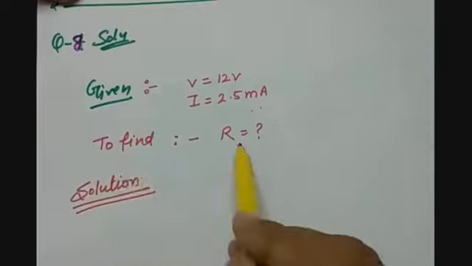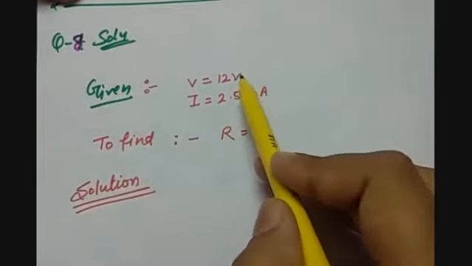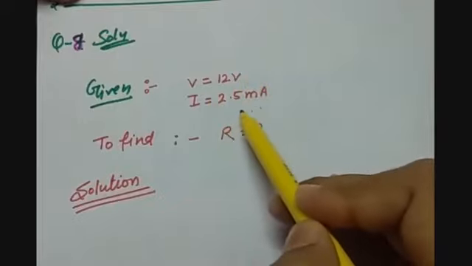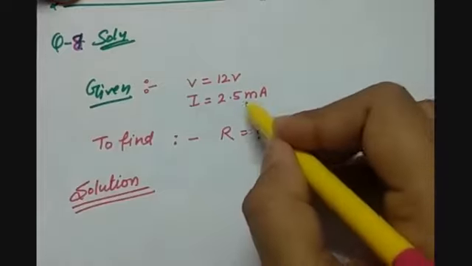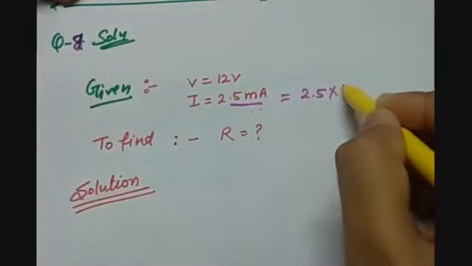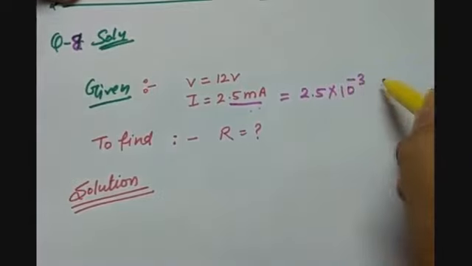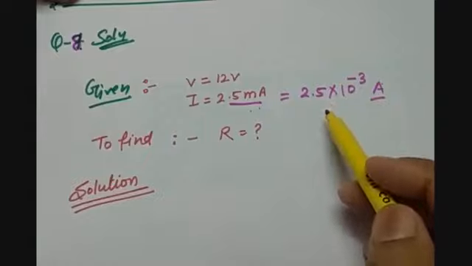We have to find out the resistance. As the potential is in volts, the current should be in amperes, so we convert it into ampere: 2.5 into 10 raised to power minus 3 ampere, because we have to divide it by 1000.